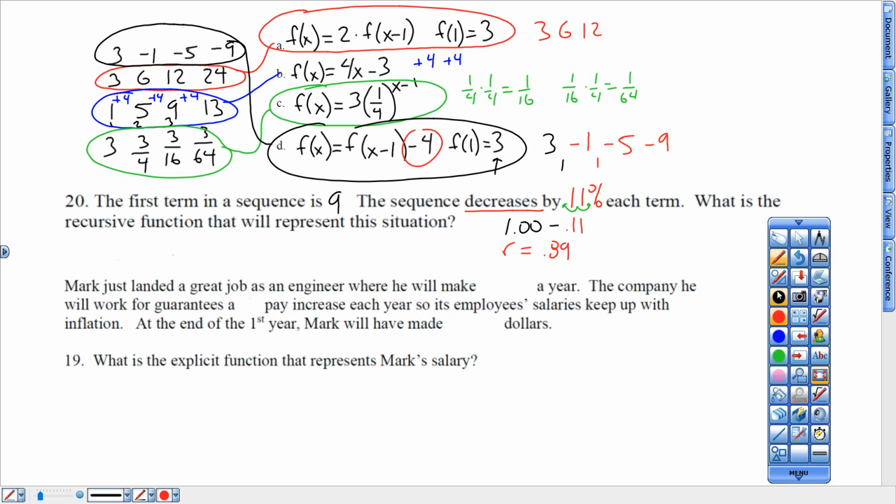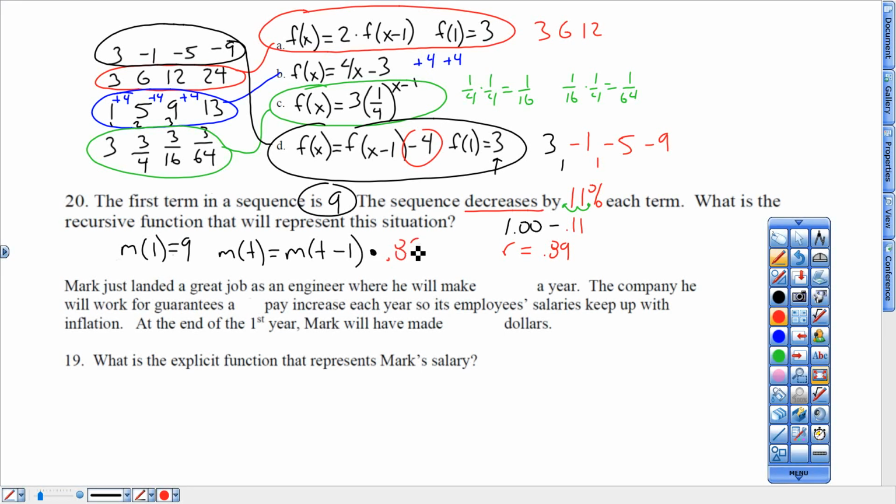So to write this recursively, I'm going to use the letter M. I'm going to say the first term is 9, because that's what they tell me. And then I'm going to use this equation, recursive form. M of t equals M of t minus 1 times, super important, that 0.89 term.